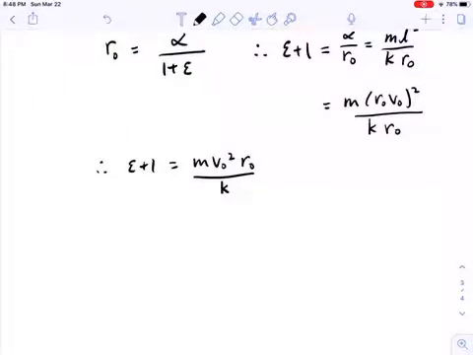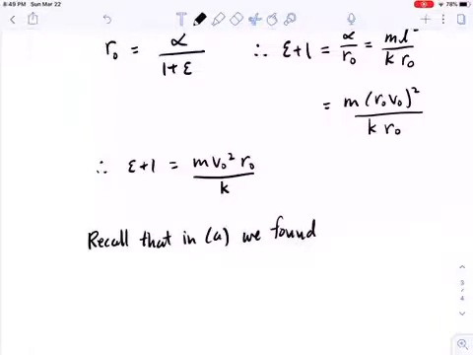Okay, but we did part A of this problem, and so let's recall that in A, we found the speed of a circular orbit. In fact, I'll write down the square of that speed was just G times the mass of the Earth divided by r0, which we could write as k over the mass of the satellite times r0.